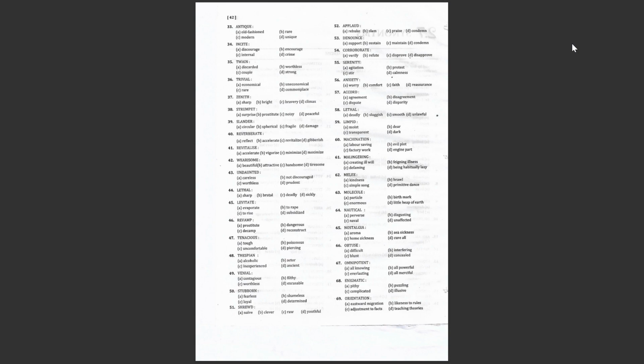59. Limpid. Limpid means, I've seen it being used for water. Limpid means clear, transparent, जिसके आर पार दिखता हो.